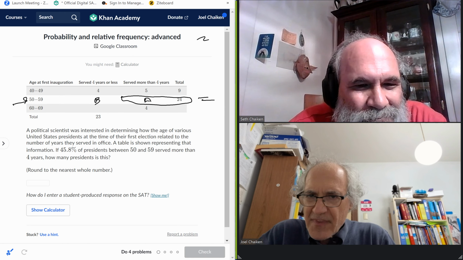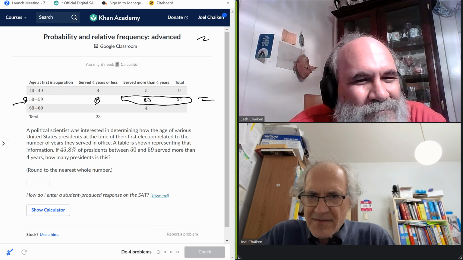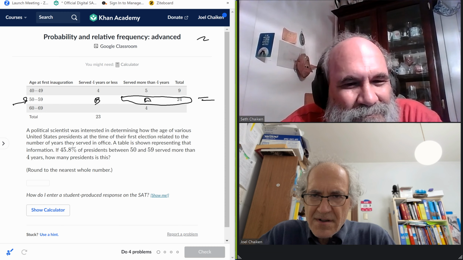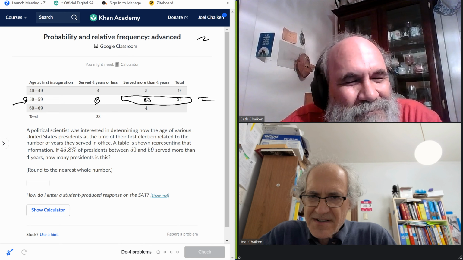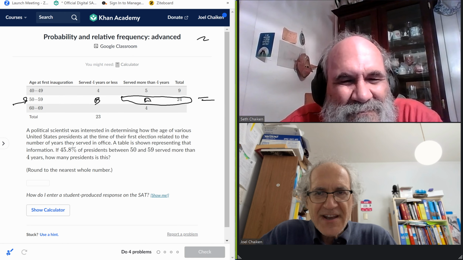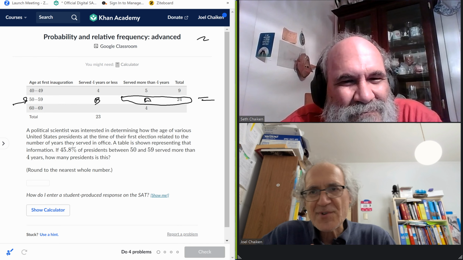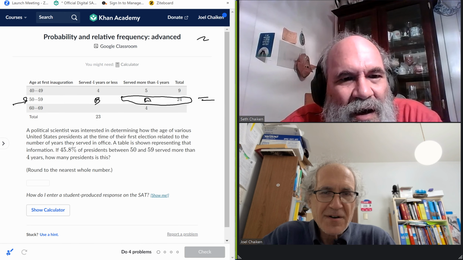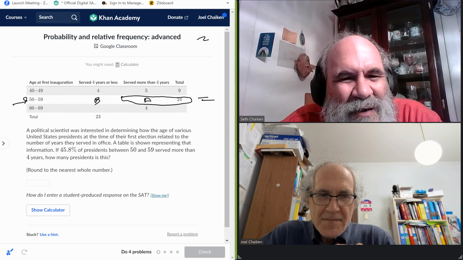If 45.8% of the presidents between 50 and 59 served more than 4 years, how many presidents is this? This comes down to more of an English question. Are they asking for the total number of presidents between 50 and 59, or only the number of presidents between 50 and 59 who served more than 4 years? I'm confused there.